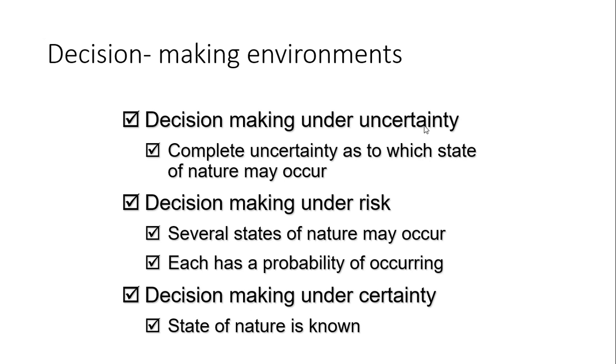Finally, decision making under certainty, you are 100% sure of your decision, which is a state of nature which is known. So again, I'll confirm on this part that you will be asked in your exam only about decision making under uncertainty. Only. We will never be asked about a risk case.